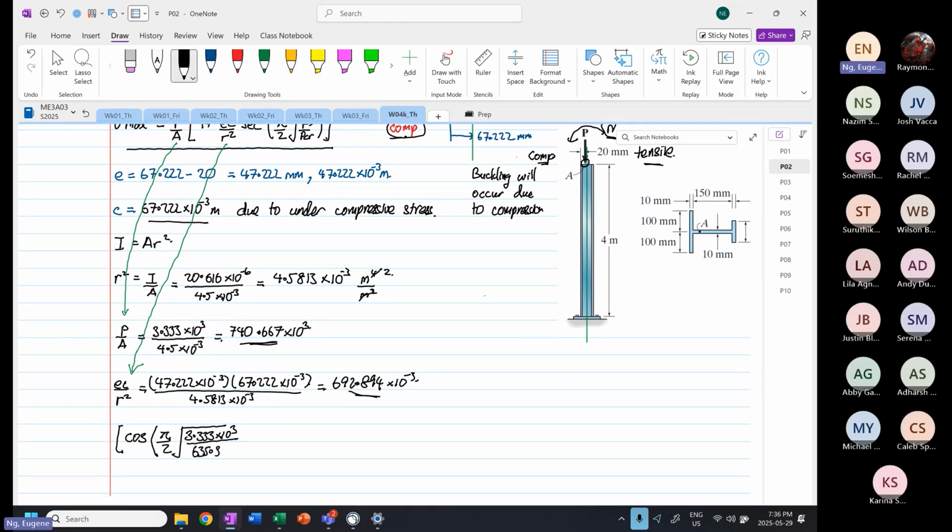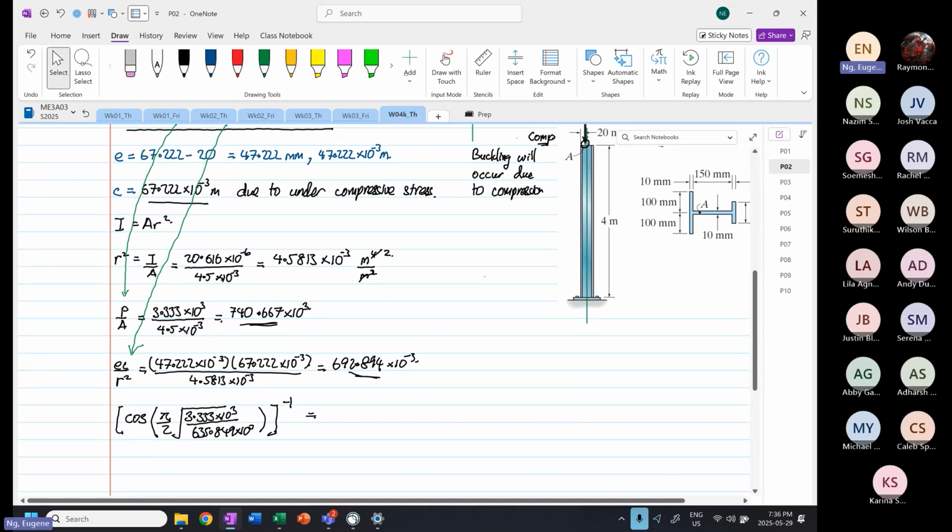635.849 times 10 to the power 3. And then because it's secant, you need to have the power of -1. So make sure that your calculator is in the radian mode.